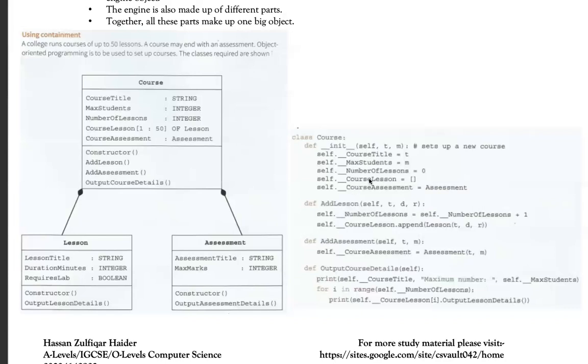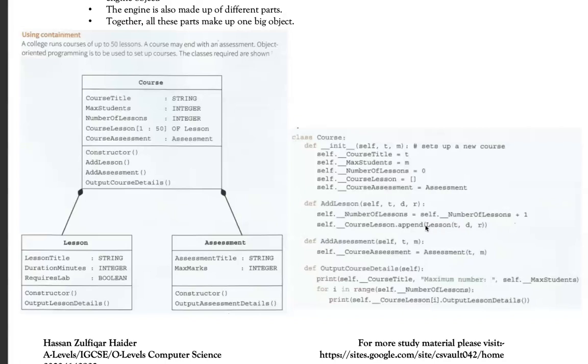And since course lesson is an array, now pay close attention to what's happening here. My course lesson array is being appended with an object of lesson class. As mentioned here, course lesson is of type lesson. And obviously, lesson will always also have been defined before this course, before I can use it here.